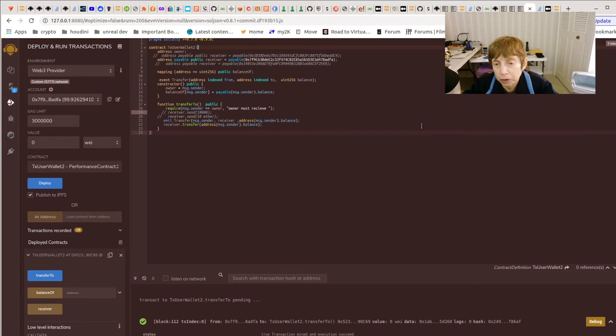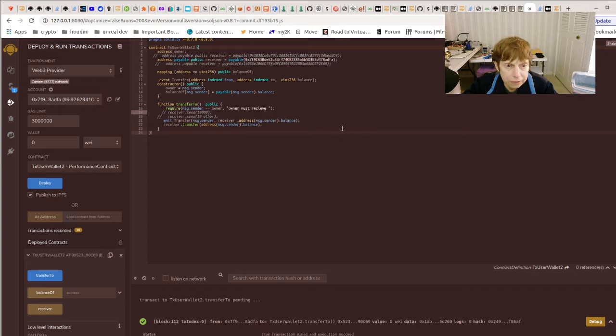The way it would work, I would think, is the ether is transferred to the contract, and then the contract can transfer it to the person who's supposed to get paid. That's something I have to look at.